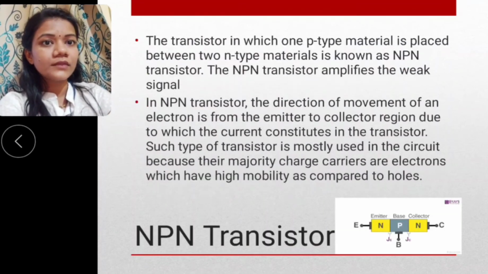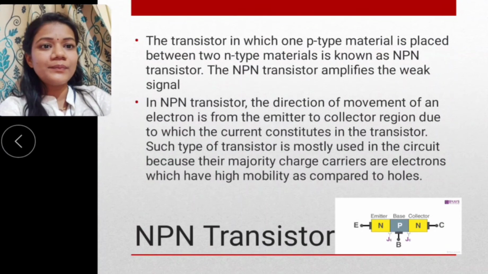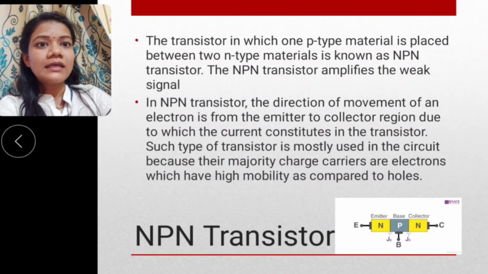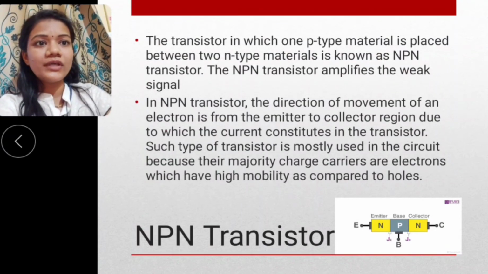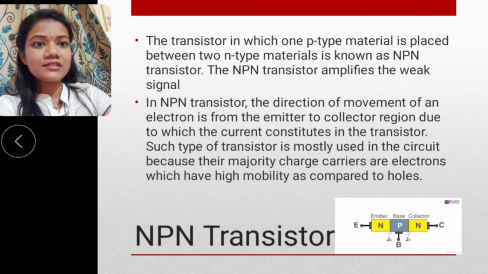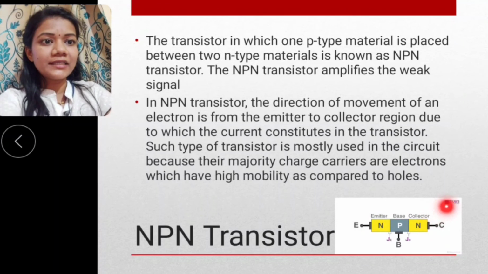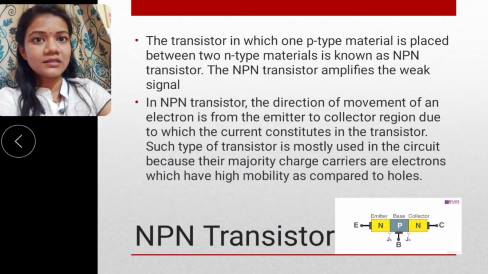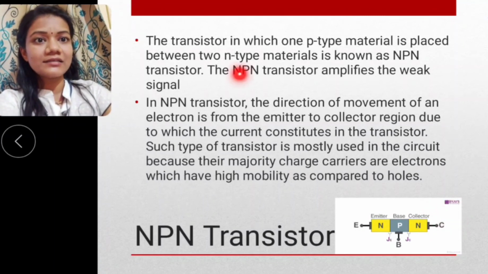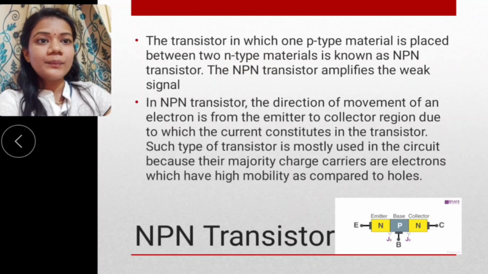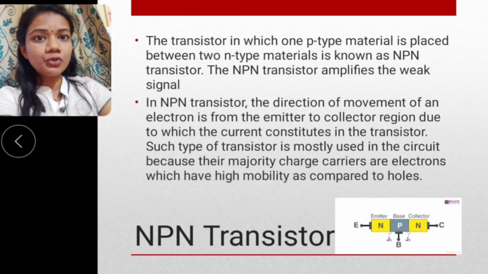Now these are the NPN transistors. The transistor in which one p-type material is placed between two n-type materials is known as an NPN transistor. Okay, NPN transistor, as the name itself says, has p-type material placed between two n-type materials.